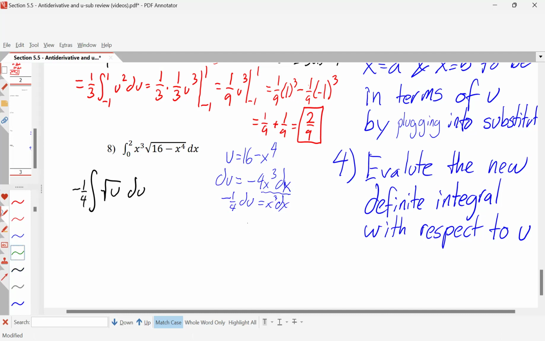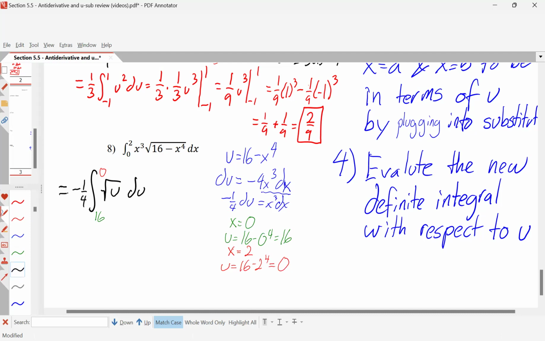Now plugging in our bounds, we have that when x equals 0, u equals 16 minus 0 to the fourth, or 16. And when x equals 2, we have u equals 16 minus 2 to the fourth. 2 to the fourth is 16. 16 minus 16 is 0.